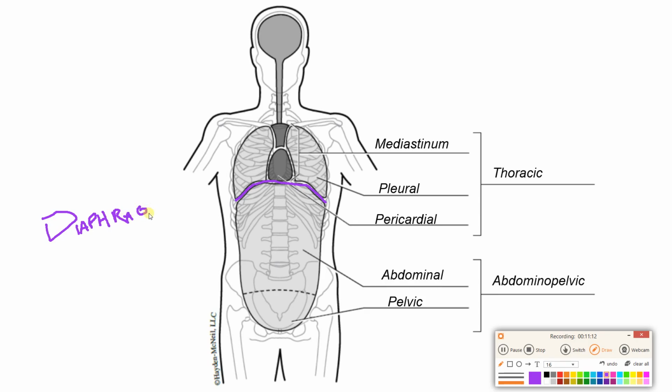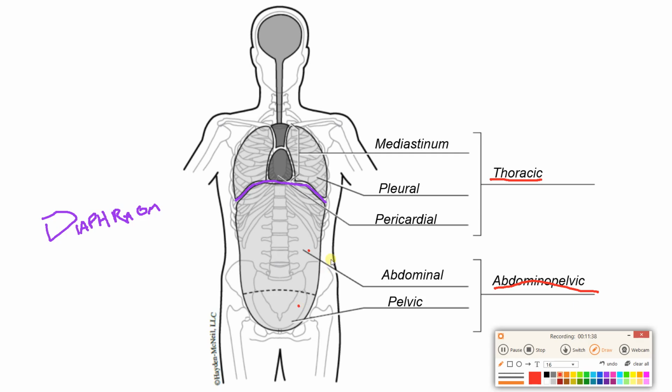Don't forget the silent G in diaphragm. And superior to that diaphragm, we have our thoracic cavity, while inferior to that diaphragm, we've got our abdominopelvic cavity with the superior abdominal region and the inferior pelvic region.